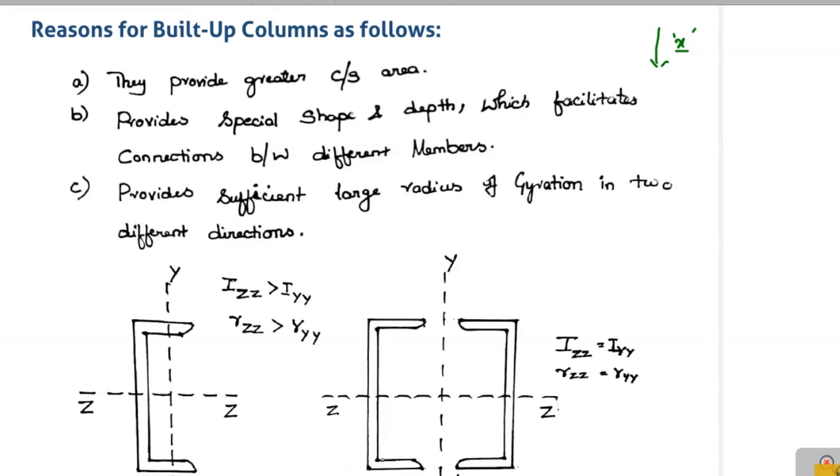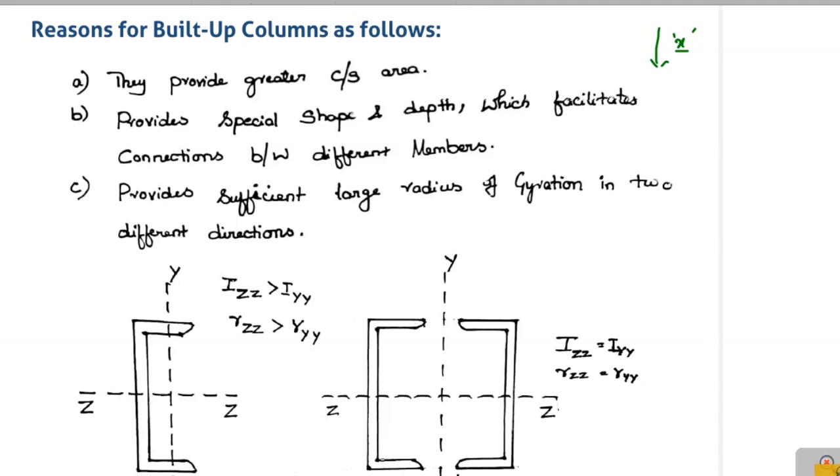You have to go for built-up sections for sure. And sometimes, even though larger cross-sectional sections are available, that may not be economical. So what we do is bring together smaller cross-sectional area members and form a built-up column, and we use the lacing system to join them.